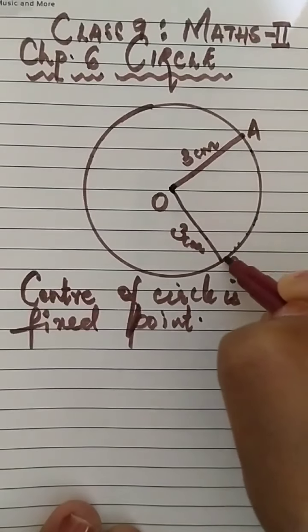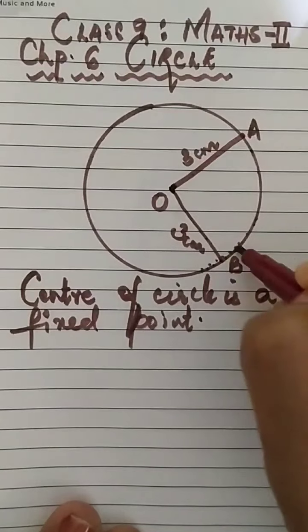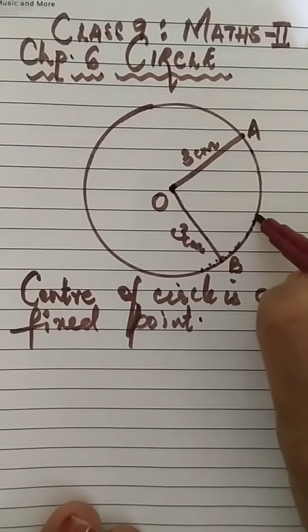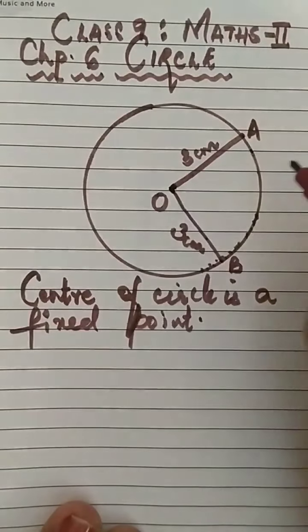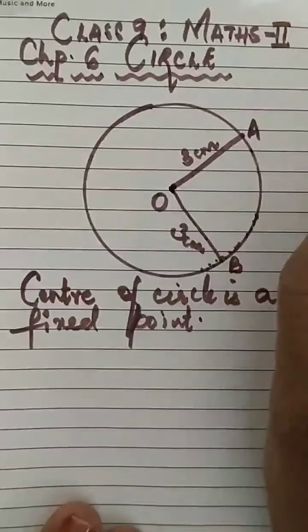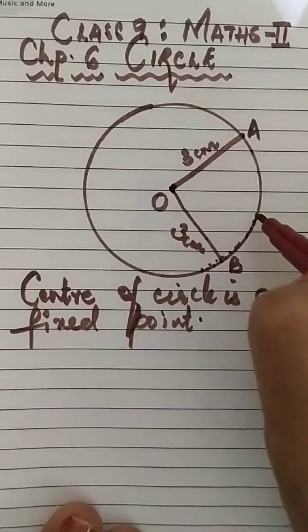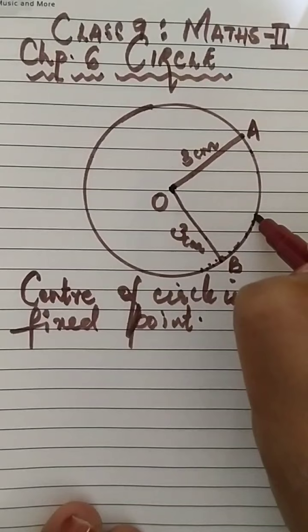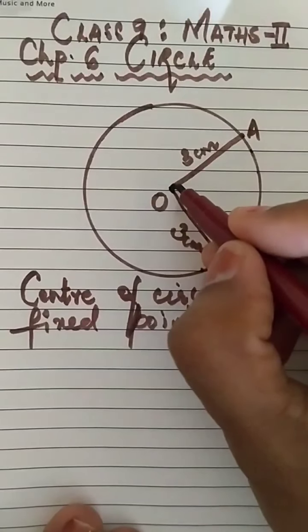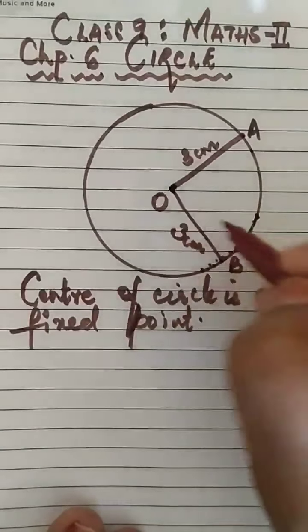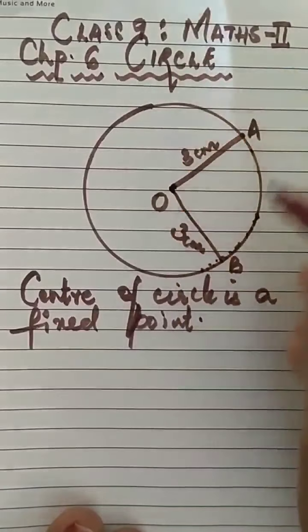These points' distance from the fixed point is the same, or equidistant. Any point you take, that point's distance from the fixed point, that is the center, is the same. So this is called a circle.